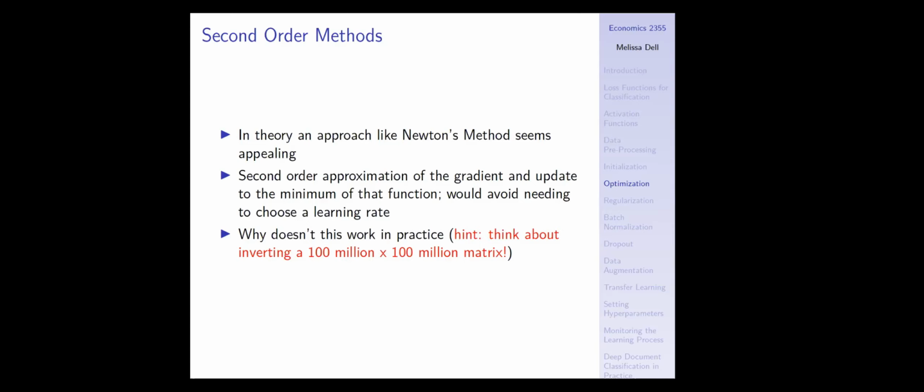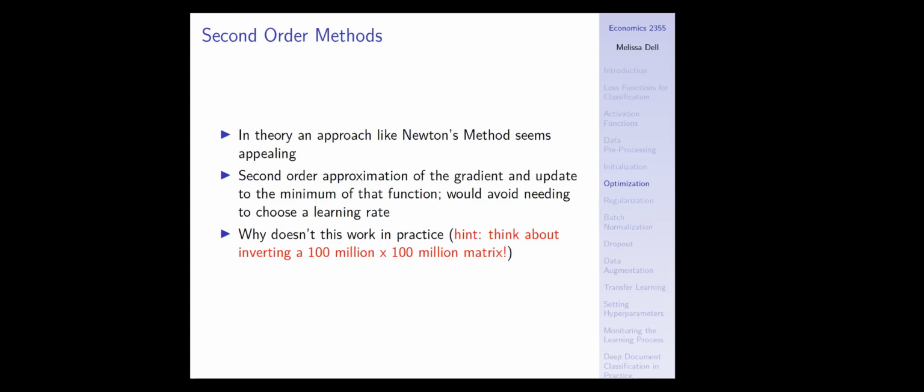And so the Hessian, which is like your second order matrix for the gradients, if you have 100 million parameters, that's going to be a 100 million by 100 million matrix, and then you have to invert that, and that's just not feasible on any computer, right? This is just completely computationally infeasible.